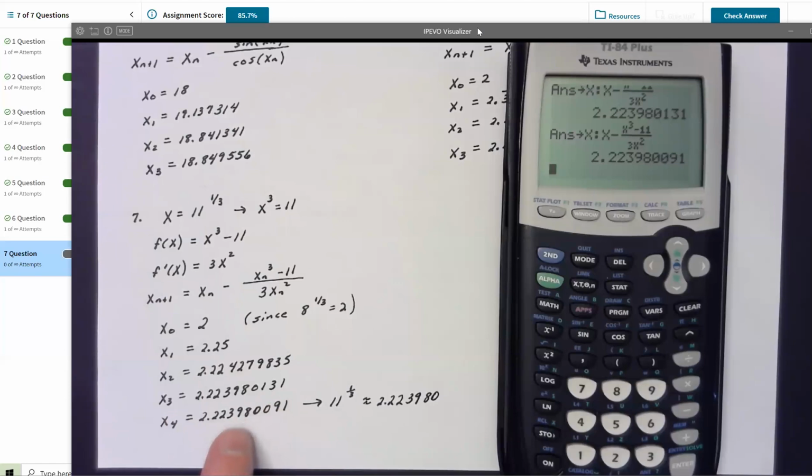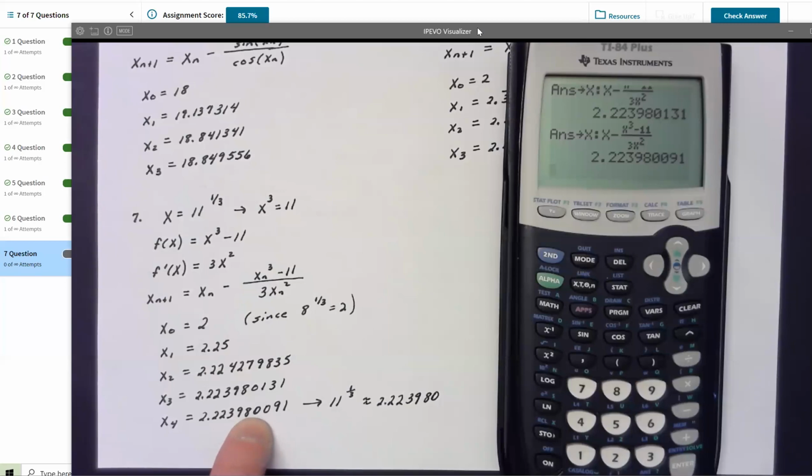So the third refined guess was 2.223980131. My fourth refined guess is that exact same number on out to after the 8, it goes 0091. Well, there's no need to worry about that because for 6 decimal places, I know it's going to be 2.223980.